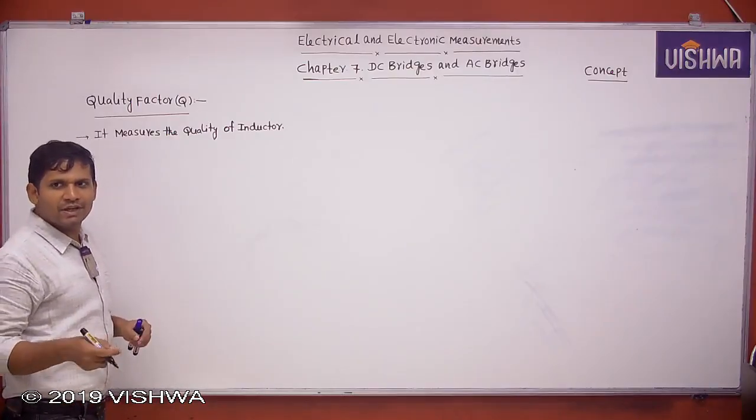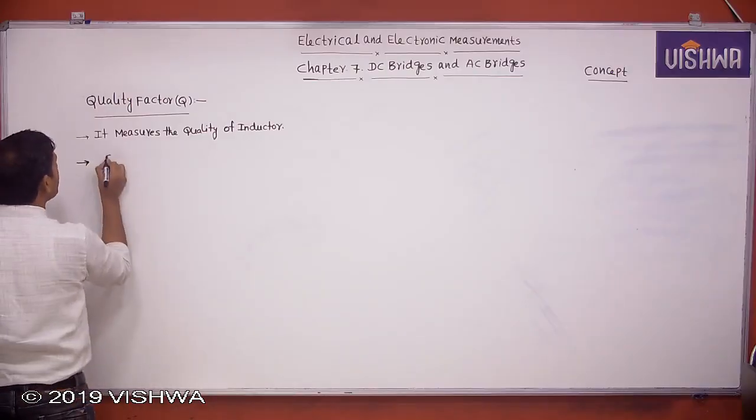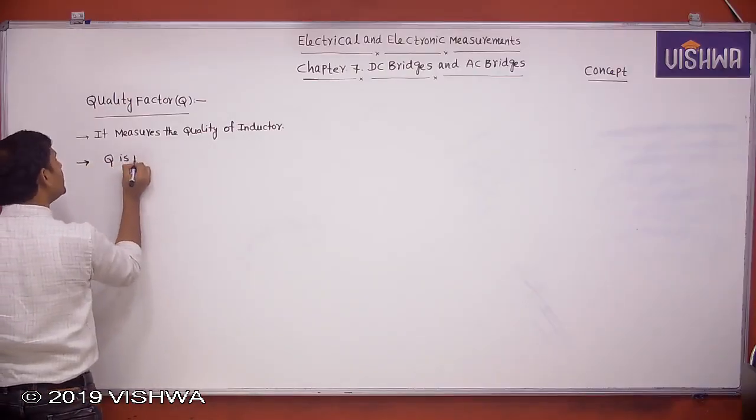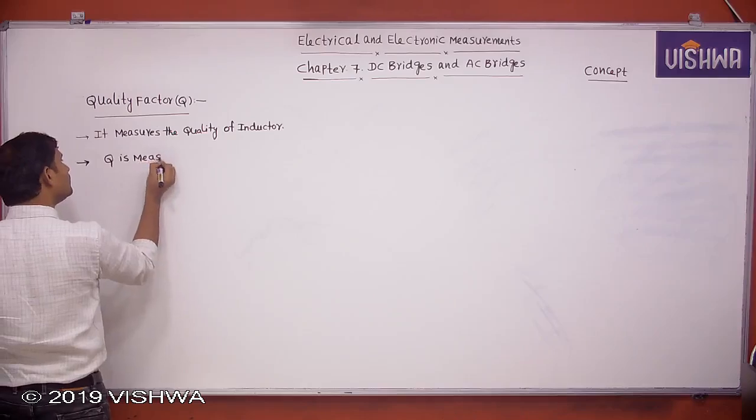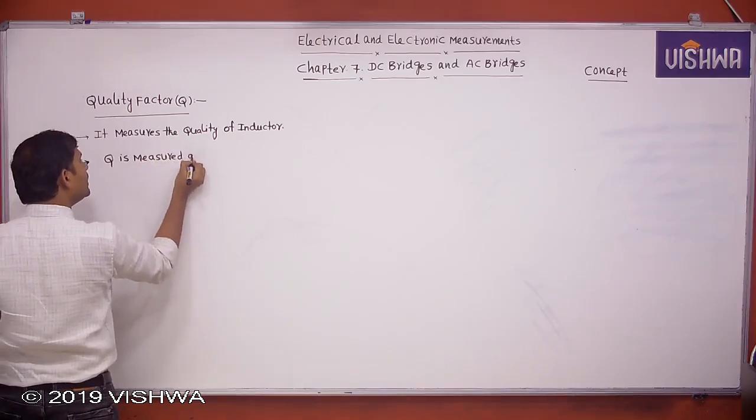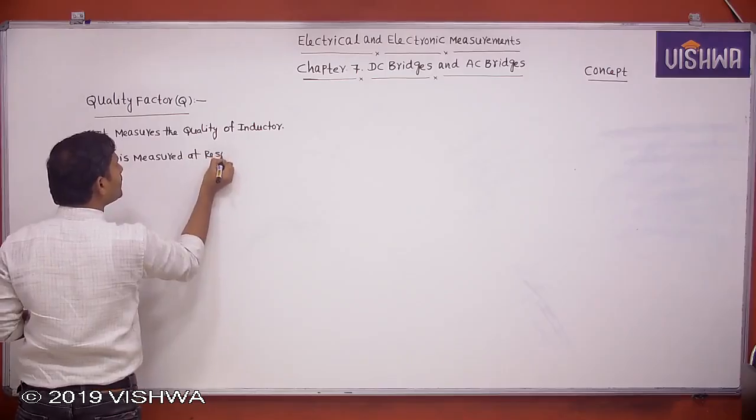Quality factor is measured at resonance condition. Q is measured at resonance condition. This you know.